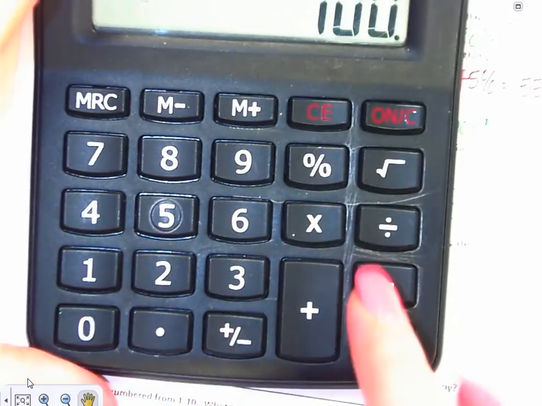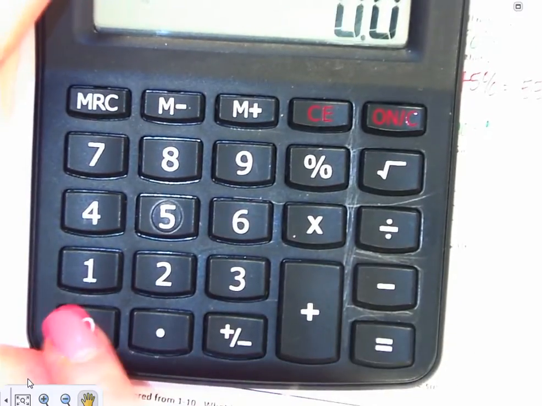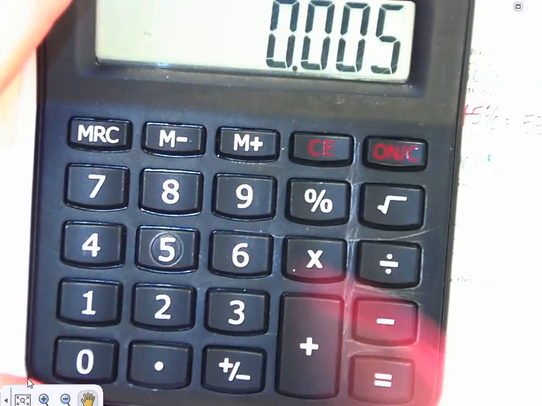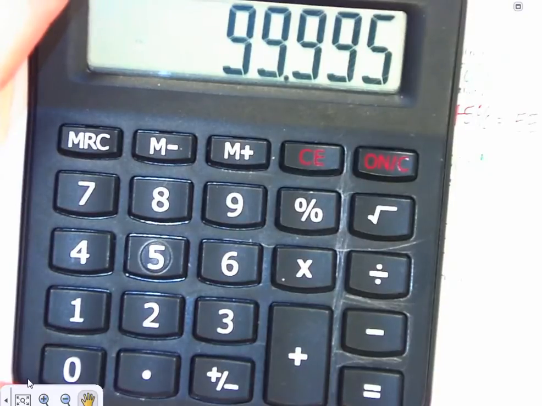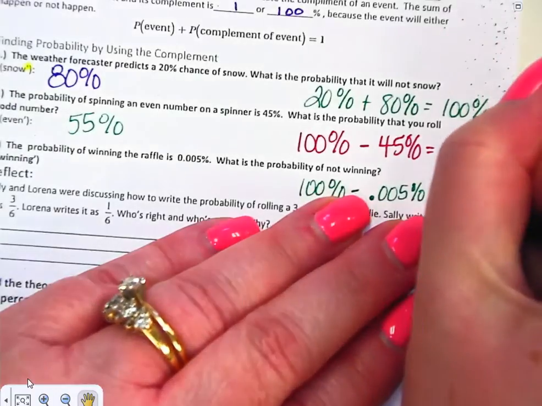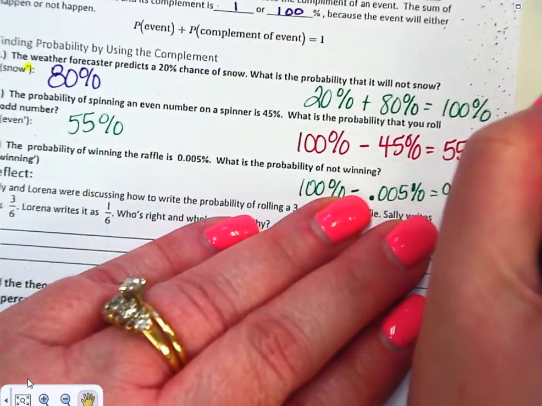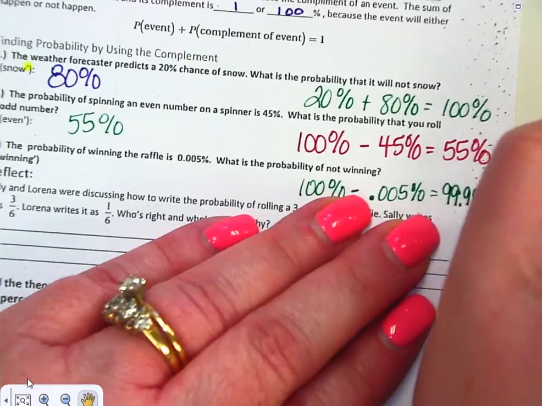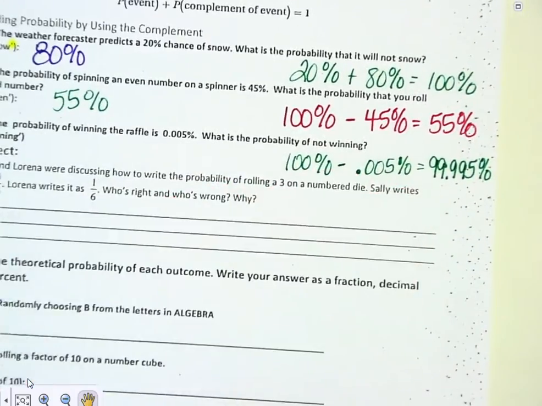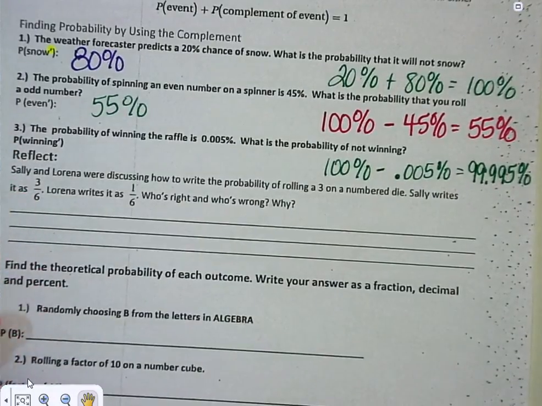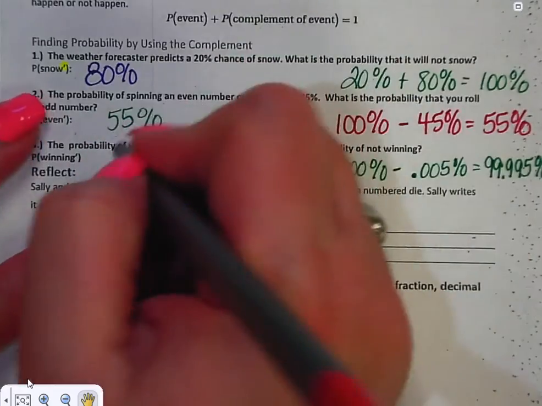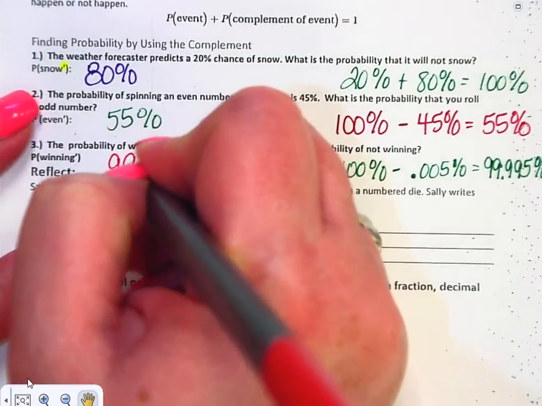Just do 100 minus decimal 005, and you get 99 and 995 thousandths. 99 and 995 thousandths of a percent that you will not win. So I would say that participating in that raffle is probably not a good use of your money unless you are a very lucky person.